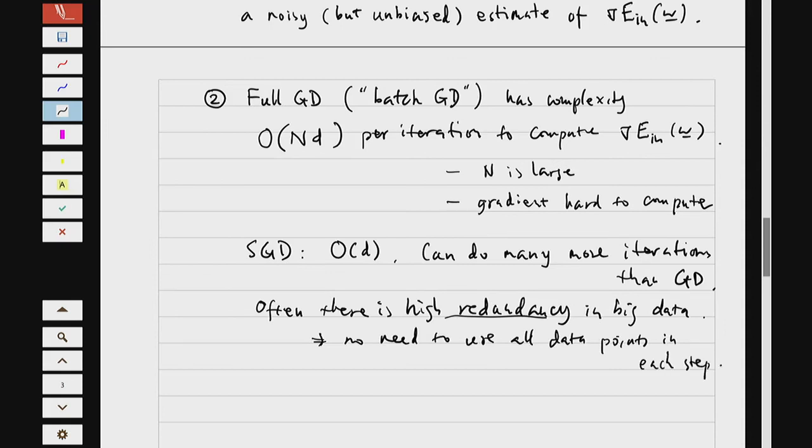And for sure, you get a very precise step forward when you use all of the data points, but it's not a worthy trade-off in terms of accuracy at the end and the complexity that you have to pay.